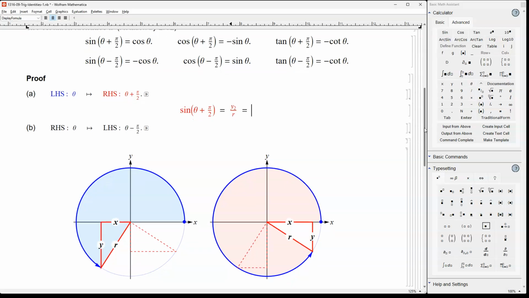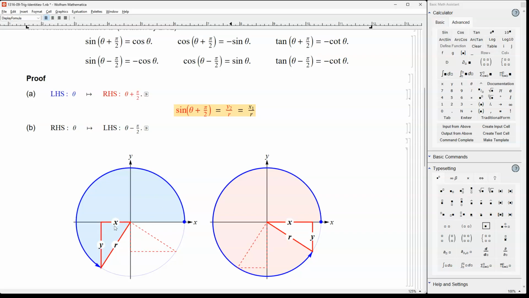First graph blue, second graph red. I want sine, so y over r, but the y coordinate is coming from the second graph, red. Now, how can you express these quantities in terms of the quantities in the first graph? This y coordinate is the same as this x coordinate here, so it's x1 over r.